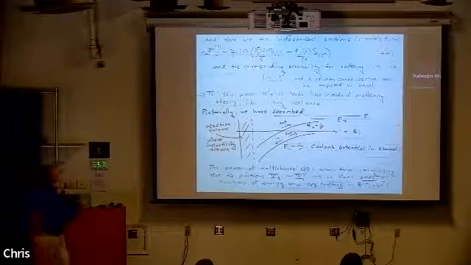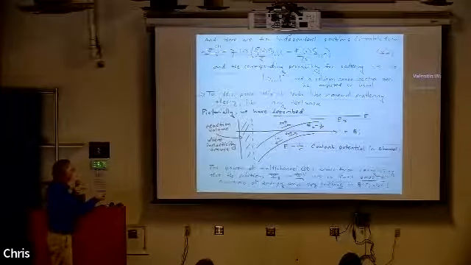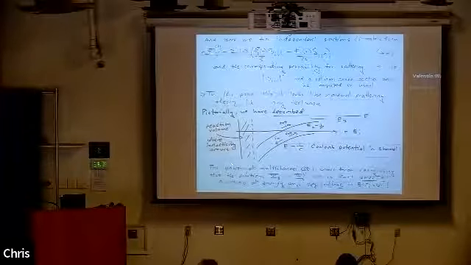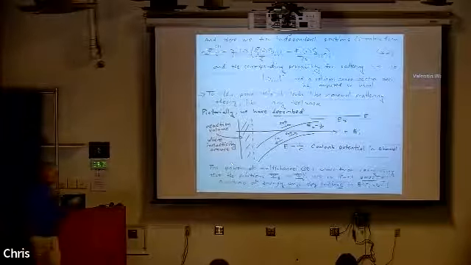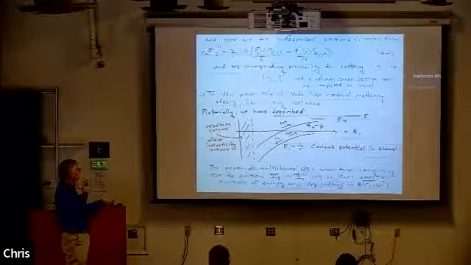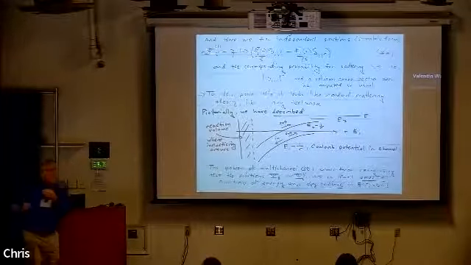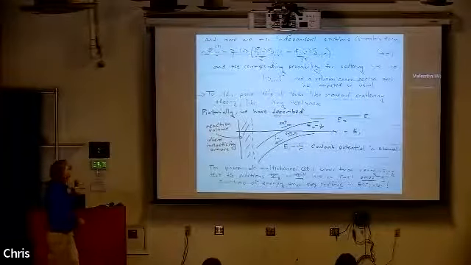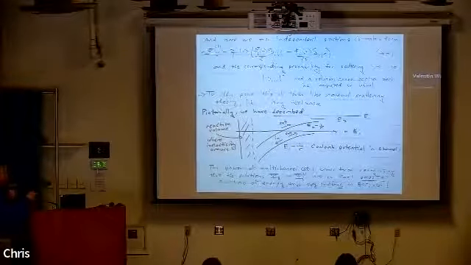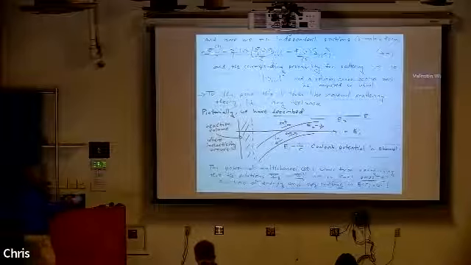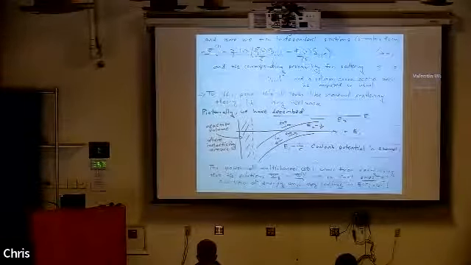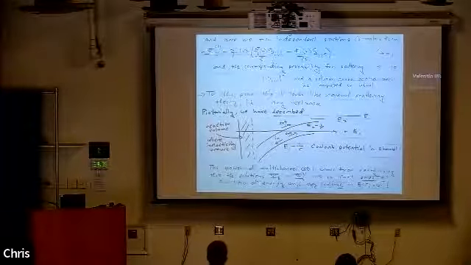So again, just to sound a bit like a broken record, this final comment on this slide: the power of MQDT is going to come from realizing that these solutions, either the ones I wrote before in terms of F and G, or these I've written in terms of F plus and F minus, are all smooth, and we can analytically continue them to make the energy dependence very smooth.